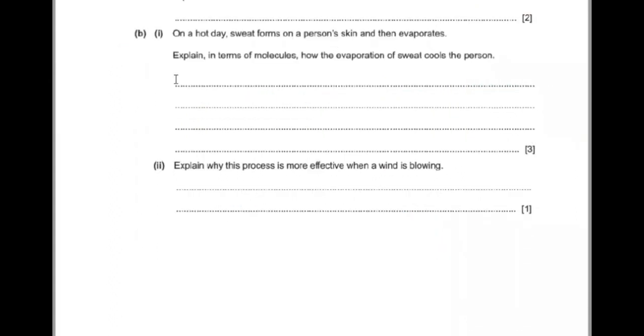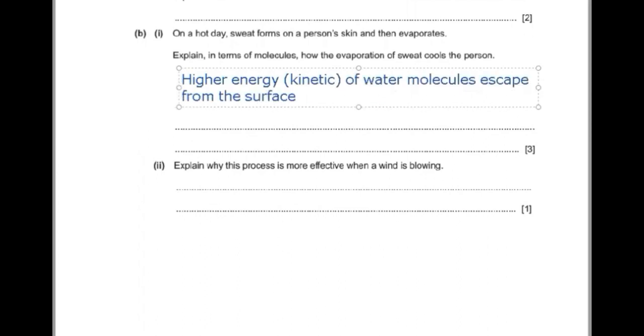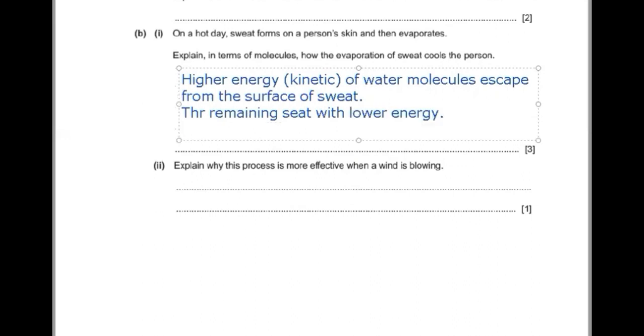Hot, evaporation, sweat, cool down. So you can say higher energy, or you can say kinetic energy of water molecules escape from the surface of the sweat. The remaining sweat has lower energy. The sweat absorbs heat from the skin.